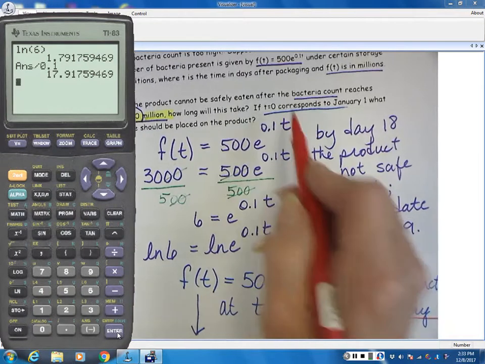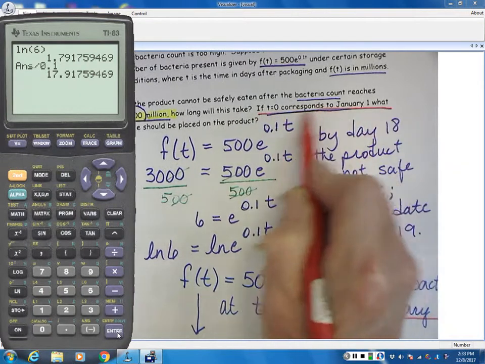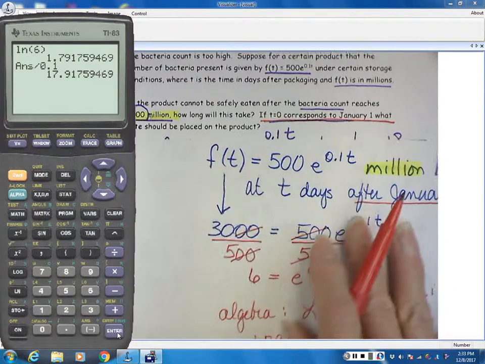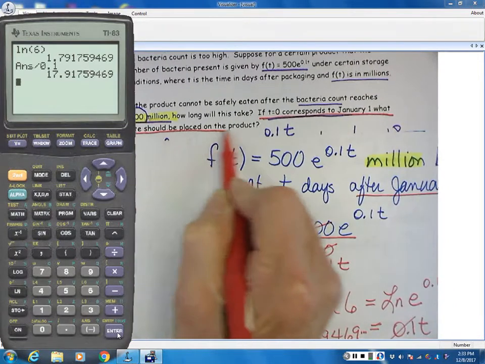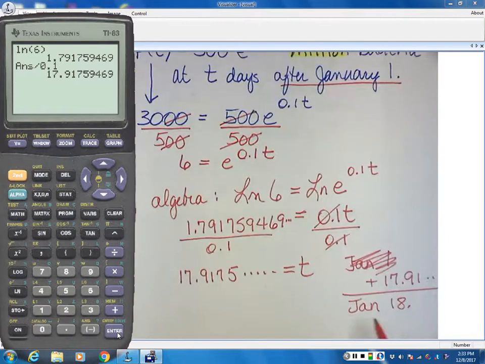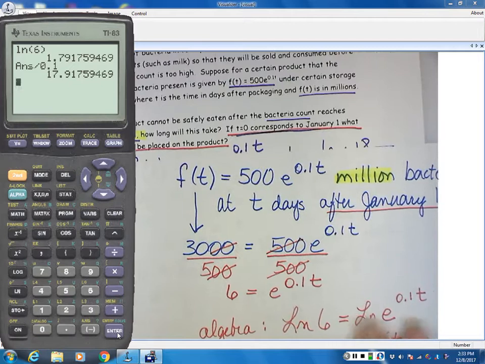Now then you need to go back and think about what this question says. The question says, what date should be put on the product? The number of bacteria is going to exceed 300,000 on the 18th. So you don't want to put the 18th on it, because the milk, if it's milk, is spoiled then. It's bad. So what you want to put on it is January 17th.